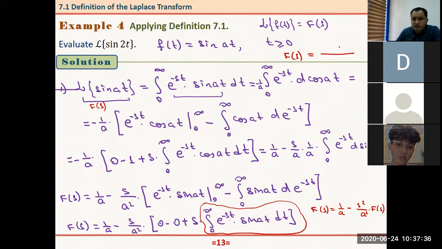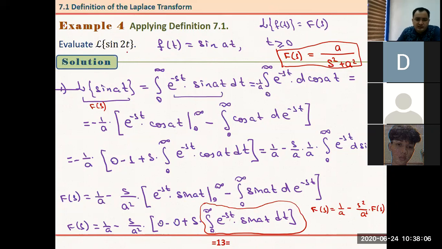So here we will have a over s squared plus a squared. That is equal to this, right? Because take it to the left-hand side, right? And the common denominator is a, right? And just solve for F, we get this expression. That means that Laplace transform of sine of at is equal to a over s squared plus a squared.